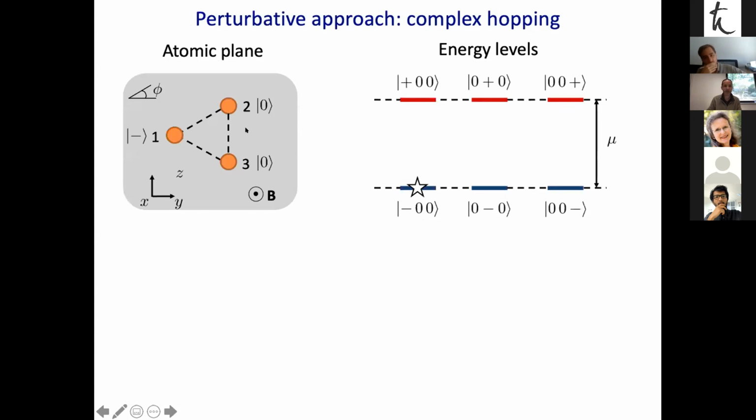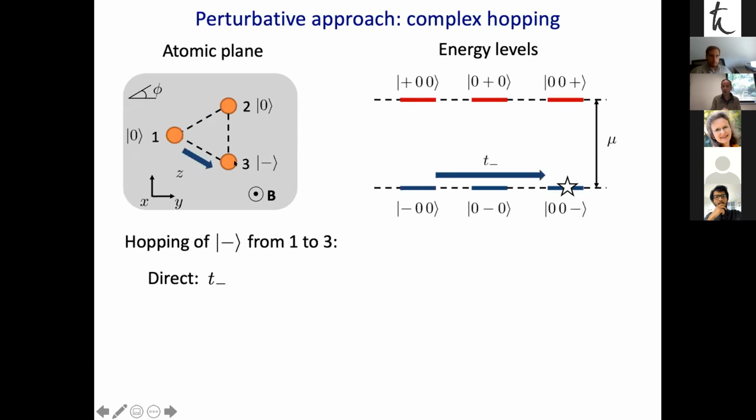So now you start from this state. And what can occur? If you want this minus to go to atom 3, for example, you can do it directly. It's the direct hopping, this exchange, which happens with this amplitude, which has a real amplitude. But the second thing that you can do is that you can go from minus on site 1 to minus on site 3, having gone through the excitation with a plus on site 2.